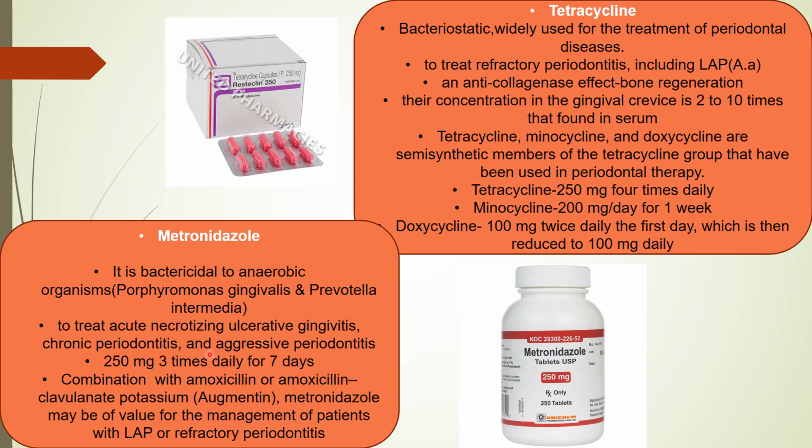Coming to the dosage, that is 250 milligram 3 times daily for 7 days. It can be used in combination with amoxicillin or Augmentin, and metronidazole may be of more value for the management of patients with refractory periodontitis or localized aggressive periodontitis.